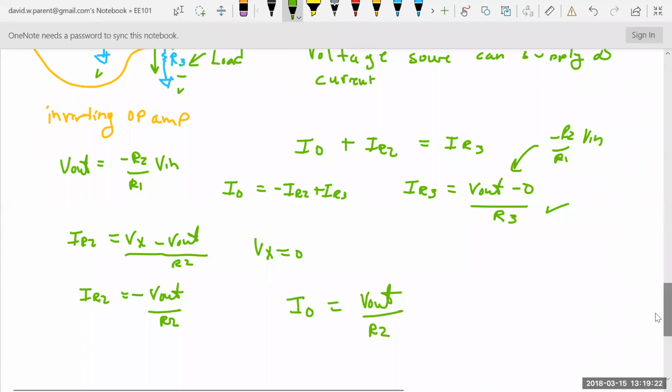What is IR3? That is V out divided by R3. All right, what is V out? Minus R2 over R1 V in, right?